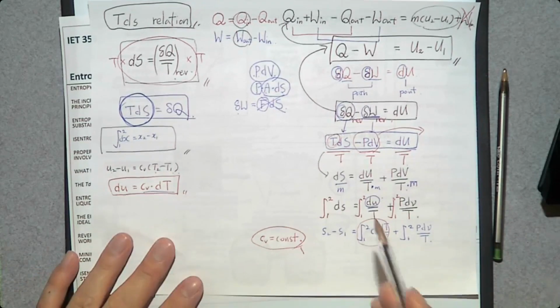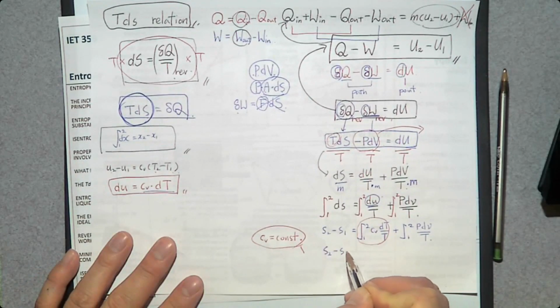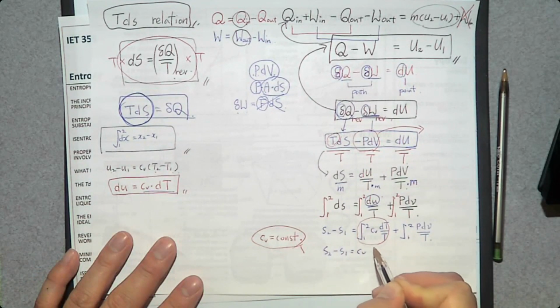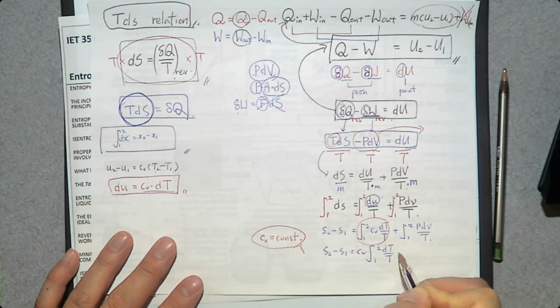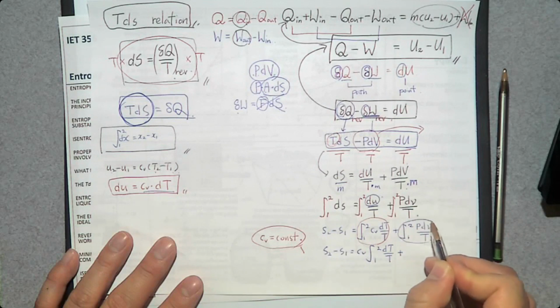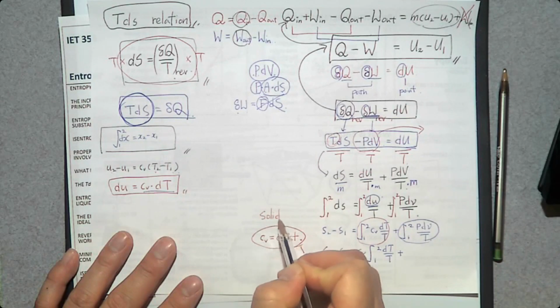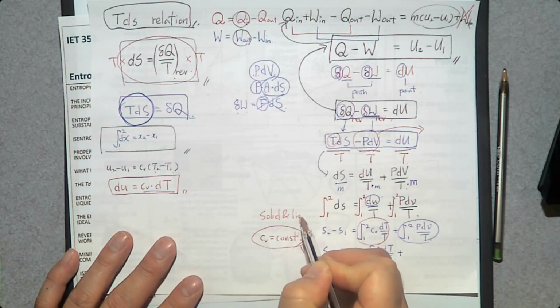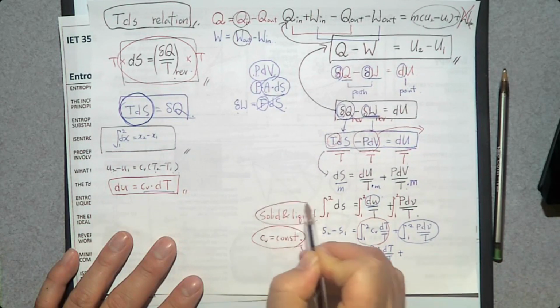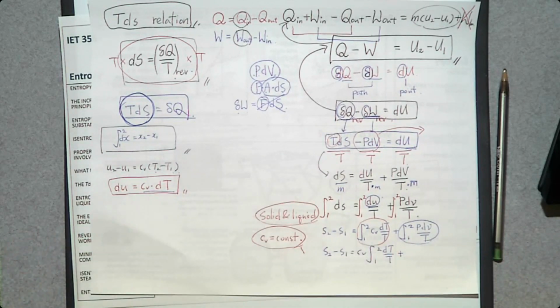So this equation becomes S2 minus S1 is CV natural log integral from 1 to 2 dT over T plus, what about here? If we talk about pure solid and liquid, what is the main difference between pure gas and them? What is the difference between pure gas and solid, pure gas and liquid?